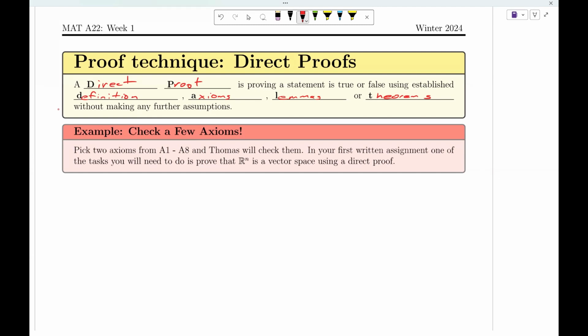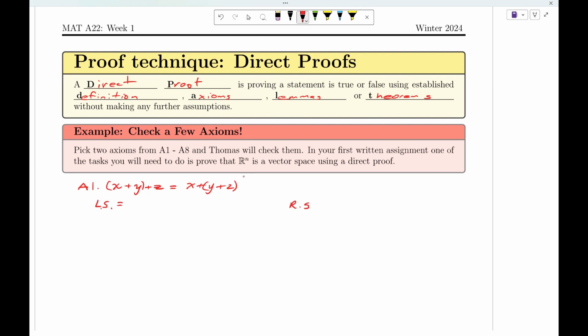So what this means is, based on what we're given, we're able to prove what we want to prove. So if, for example, we do A1, we want to prove that (x plus y) plus z equals x plus (y plus z), and then we put brackets here and brackets here, because we are proving associativity. Okay, so we want to prove associativity.